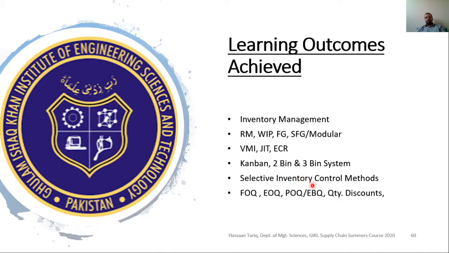We also went through selective inventory control methods. Then we had our inventory control methods, that is fixed order quantity, economic order quantity, production order quantity, or economic batch quantity. And finally, we went through the quantity discount model as well. That basically tells you exactly at what quantity you can achieve the maximum benefits in terms of cost.